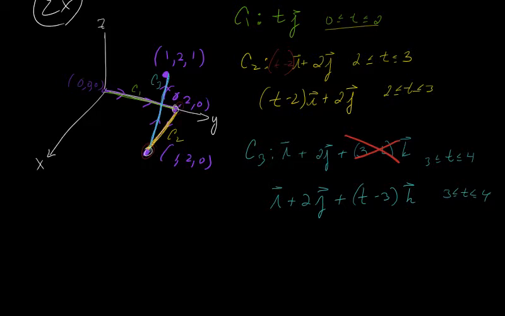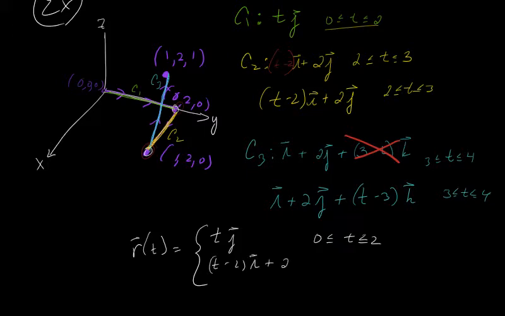So altogether, we have r of t is equal to the piecewise function: t in the j direction for t between 0 and 2. We've got (t minus 2) in the i direction, plus 2 in the j direction for t between 2 and 3.